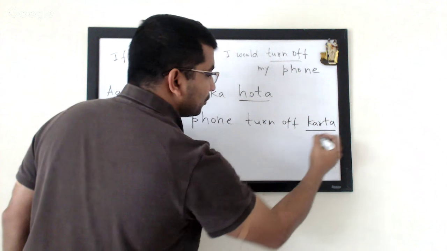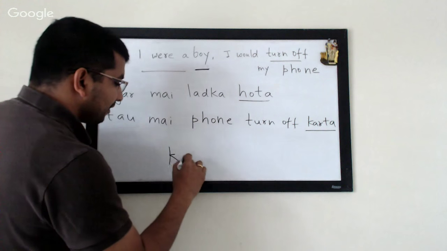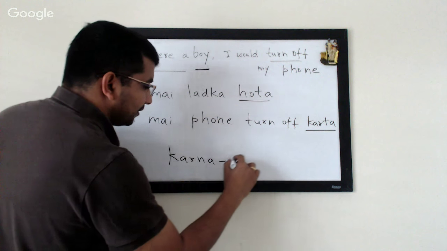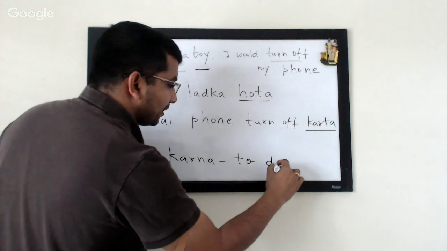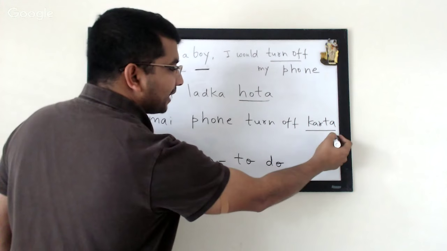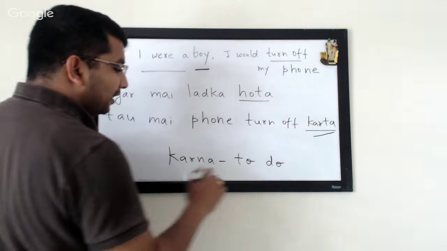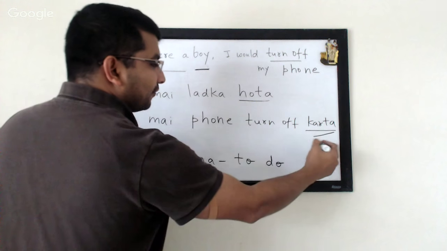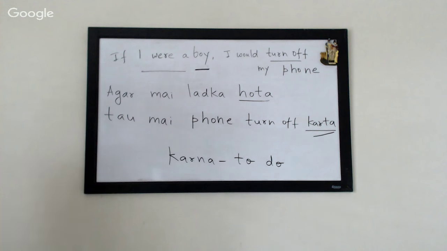Karna is to do, and because you are using it in a masculine singular form, karna becomes karta. For a girl, it's karti. Okay. So I hope this is helping you out.